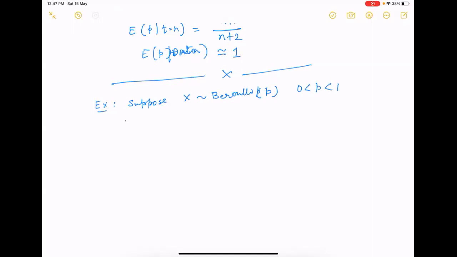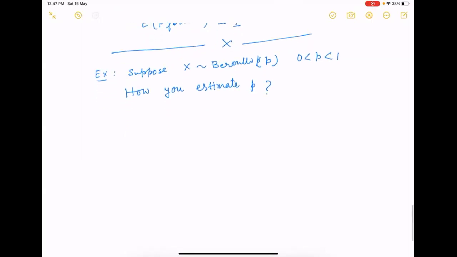How do you estimate P based on one observation?